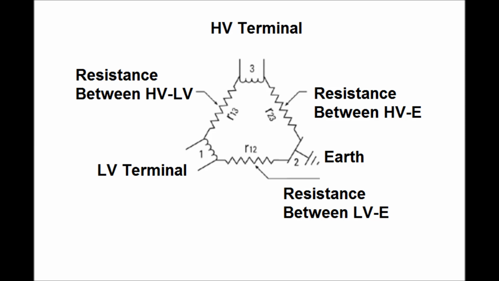Again, there exists insulation between high voltage terminal or high voltage winding and earth, which is considered as R23, and there exists LV terminal or LV winding and earth terminal insulation, which is again considered as R12. So the higher the value of the insulation resistance, the better the condition of the insulation of the transformer.